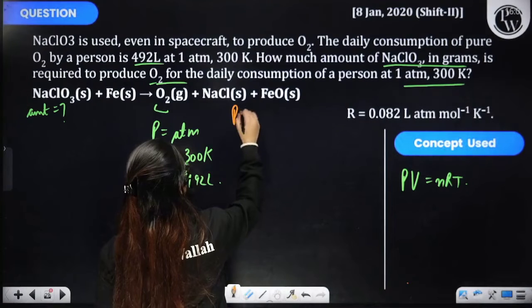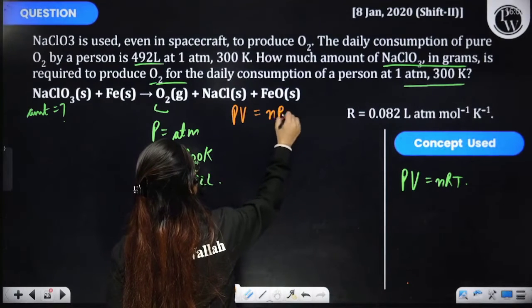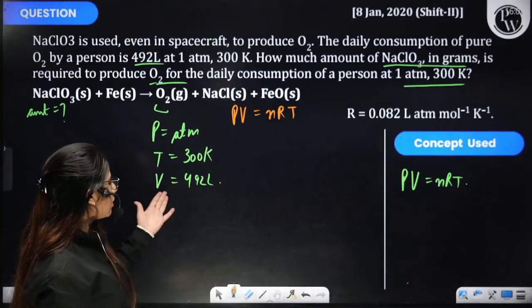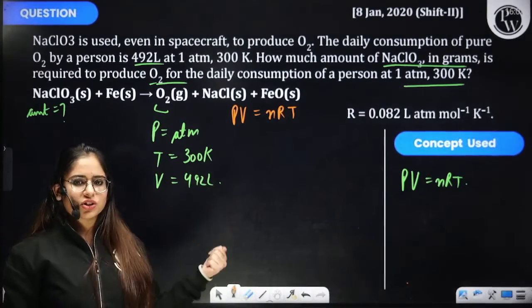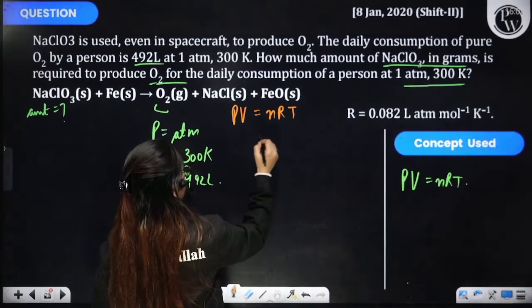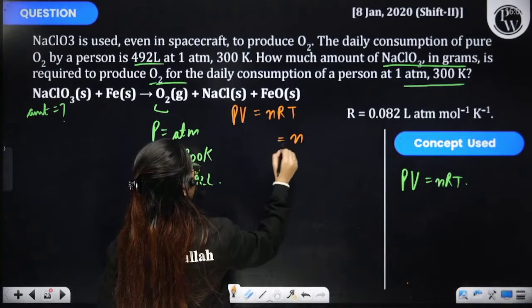So PV is equal to nRT, and the value of R is 0.082 when you are having volume in liter and pressure in atm. So pressure is 1 atm, and for this you have to calculate the number of moles.